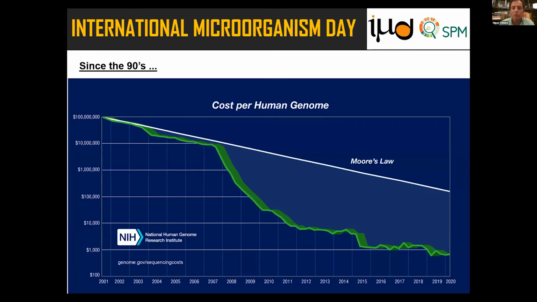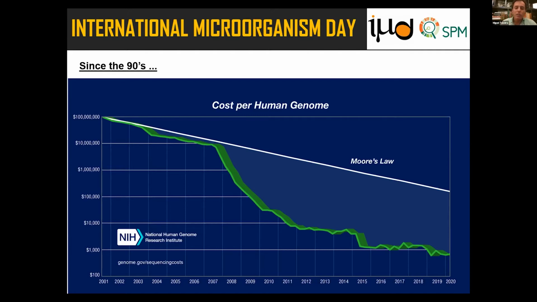And just as an example, I'm showing you here what happens for the human genome. So the first human genome cost around $100 million, and at the moment the price of sequencing a human genome is below $1,000. And if we go to yeast genomes, which are the organisms that are celebrated in this section of today, the price goes down to around $300 a genome.